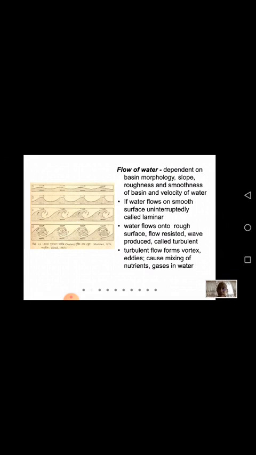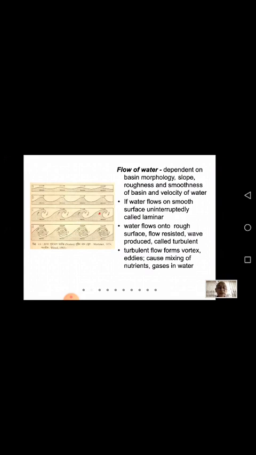Turbulent flow forms vortex. It causes mixing of nutrients and gases in water. You see that these are turbulent flow, and the surface waves are manifested in all these positions. And you see that vortices are formed.